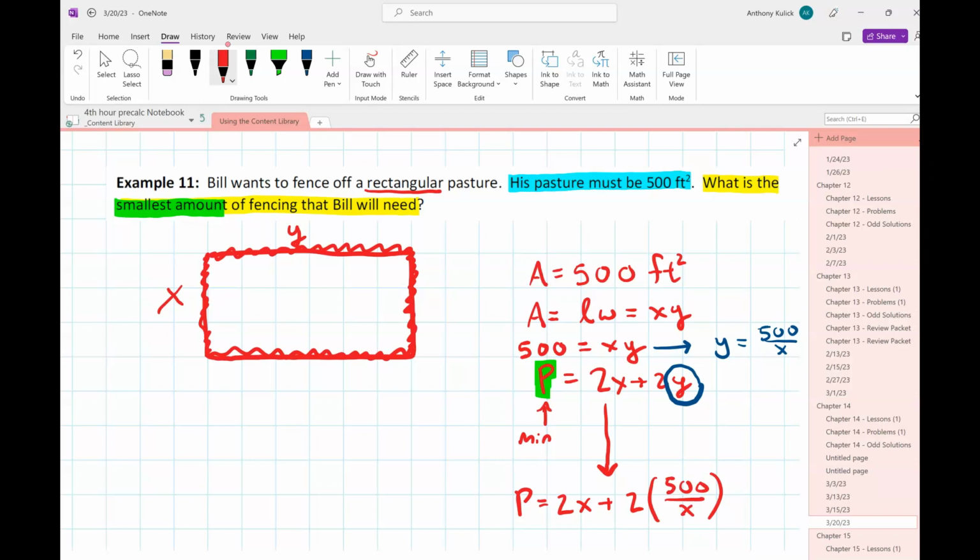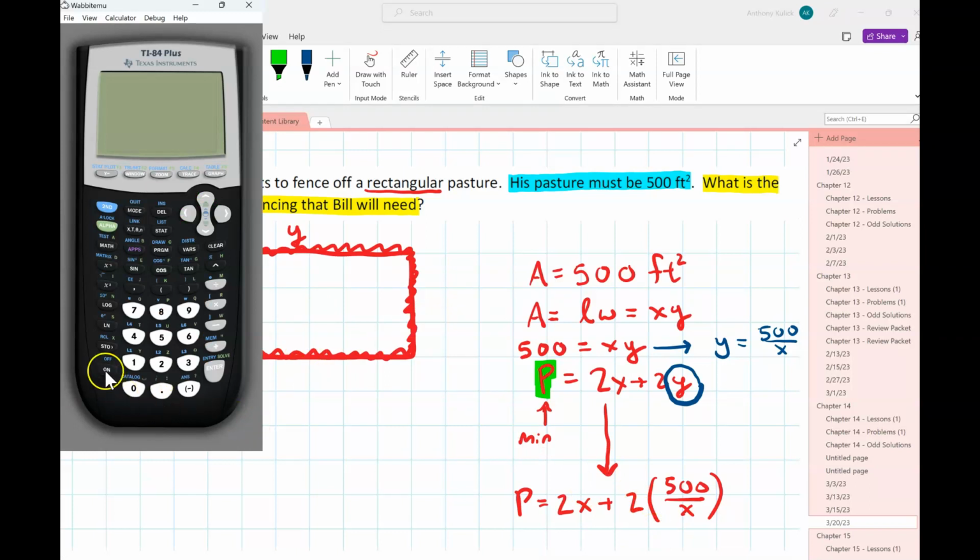Is everybody okay with what I did there? Yes, Pat? Sure. Okay. At this point, I've done everything I need setup-wise. I'm just going to type this into my calculator and use my calculator to find the minimum.